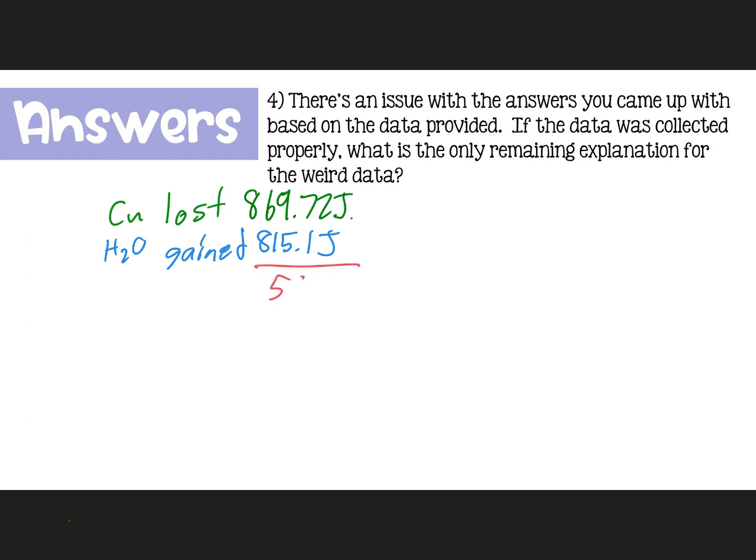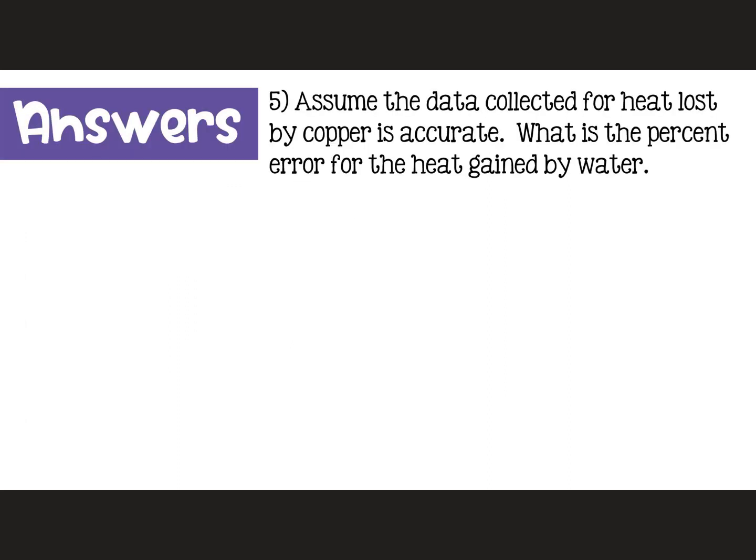So 55 joules of heat energy is missing. This must have either been gained by the beaker or lost to the surrounding air before we could measure. This means that the experimental amount of heat energy is actually a little bit lower than what is expected.